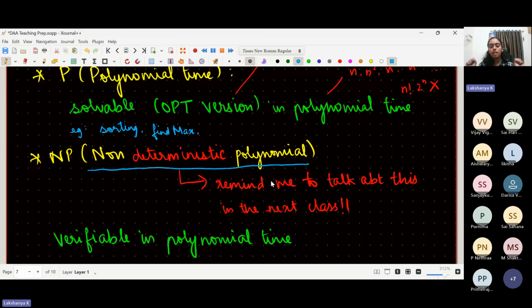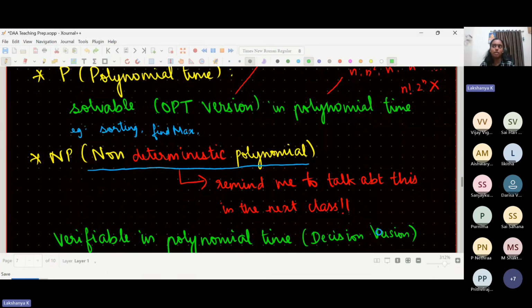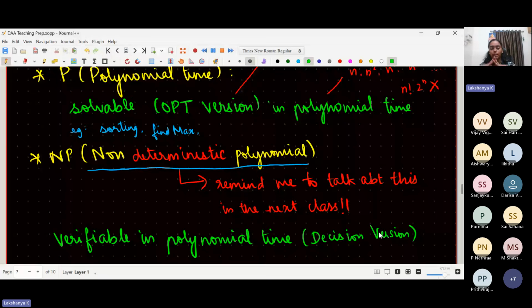Could be anything, but they are verifiable in polynomial time. So if I give you a solution, you can verify whether it is correct or not in polynomial time, meaning the decision version can be handled in polynomial time. This is what we mean when we say a problem belongs to the NP class. So NP makes sense?